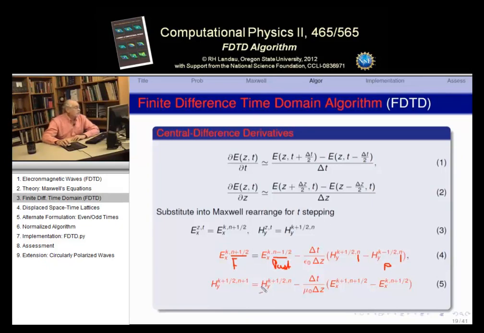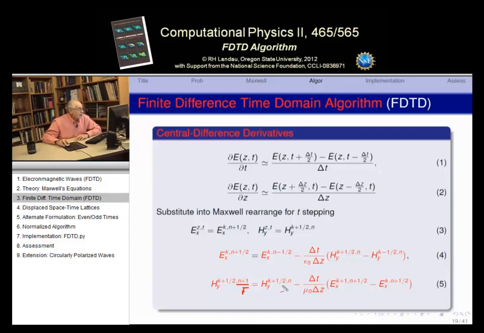And likewise, if we look down below, we have the time here, future time. Space and time, I got that backwards. Okay, so here we have the magnetic field, space and time. So this is now future here. That's future time.